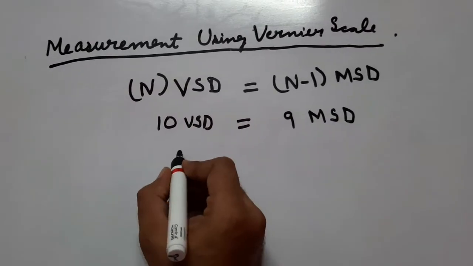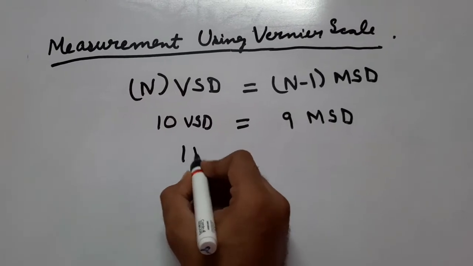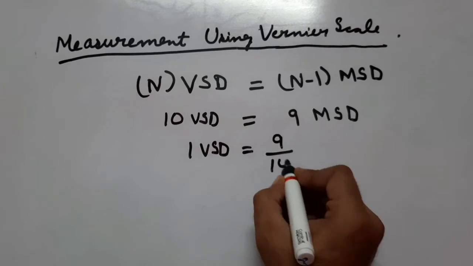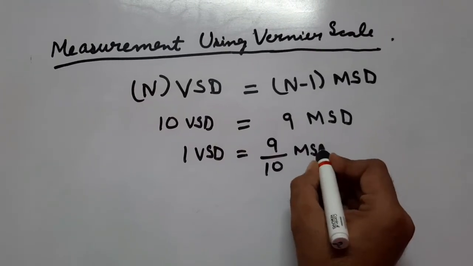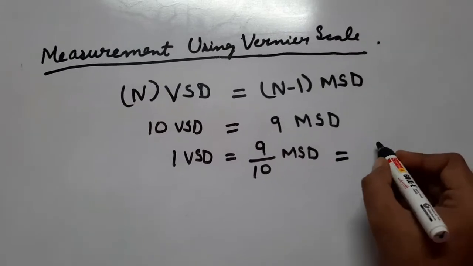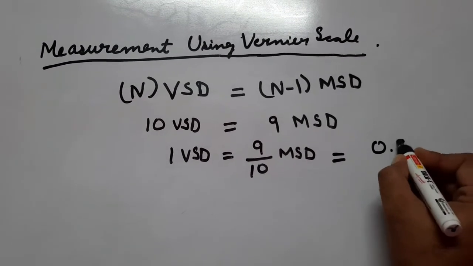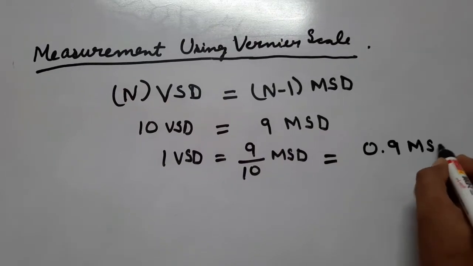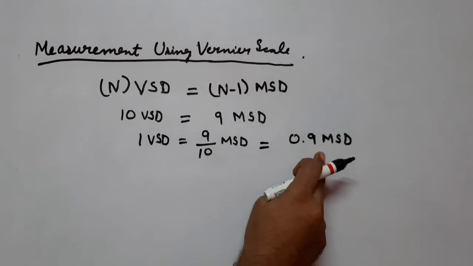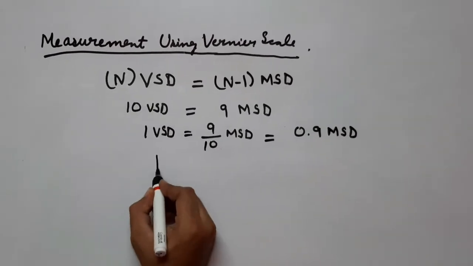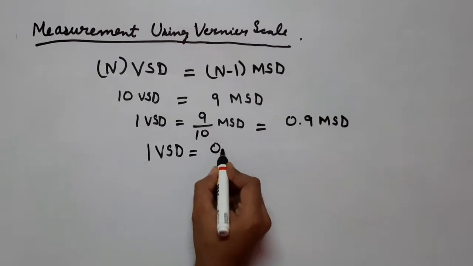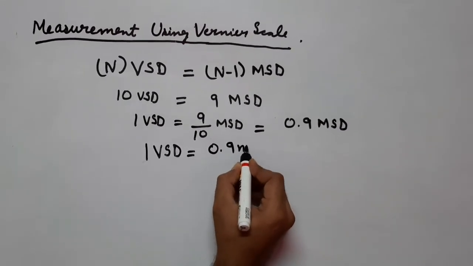So we can just write it like this: 1 vernier scale division is equal to 9 divided by 10 main scale division, that is equal to 0.9 MSD. Now, since our main scale divisions are in mm, we can just write 1 vernier scale division is equal to 0.9 mm.